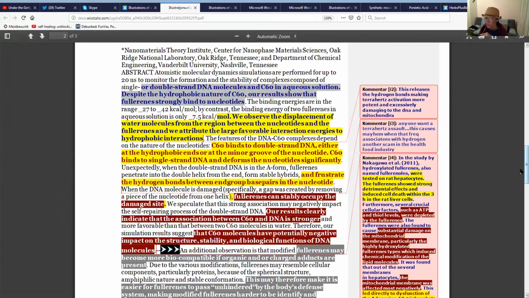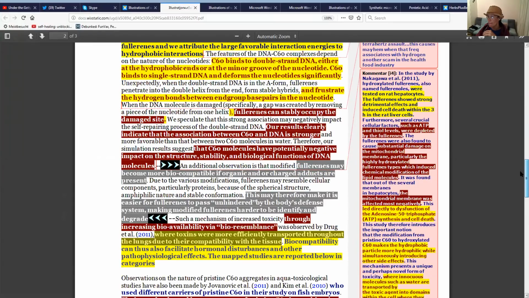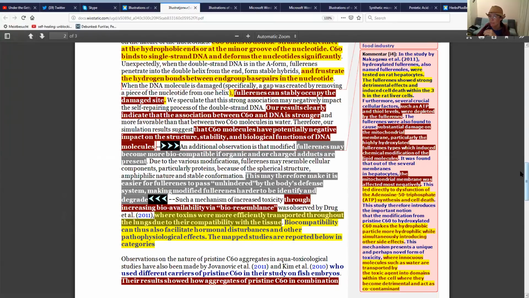So, fullerenes can stably occupy the damaged site. One result, actually, the third note Tony had made is anyone wants a terahertz assault. This causes mayhem when that frequency associates with hydrogen, another scam in the health food industry.